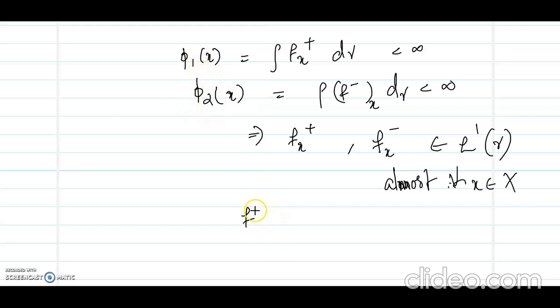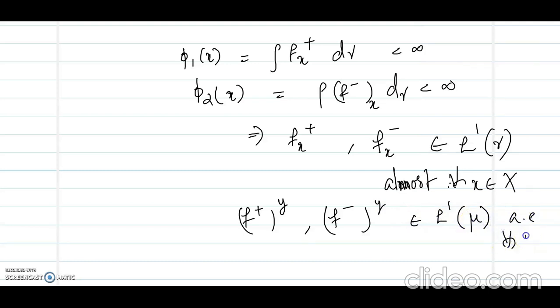Using that, we get f plus y and f minus y belong to L1 of mu almost everywhere for y belonging to Y.